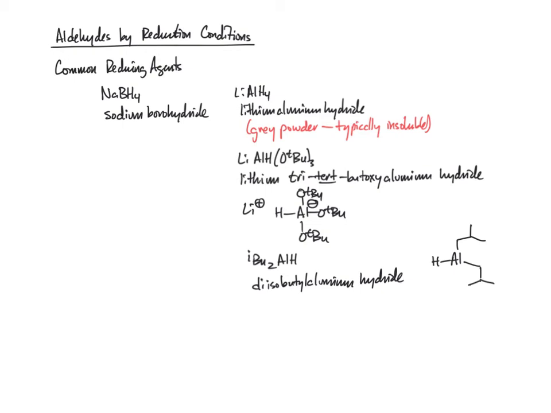And so what are the contexts of using these reagents? We can take an acid chloride and do a reduction to form an aldehyde. An acid chloride is in an oxidation state of 3.